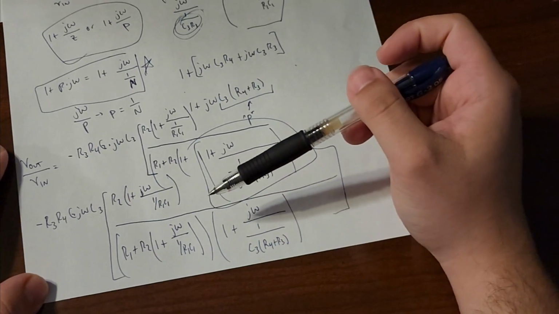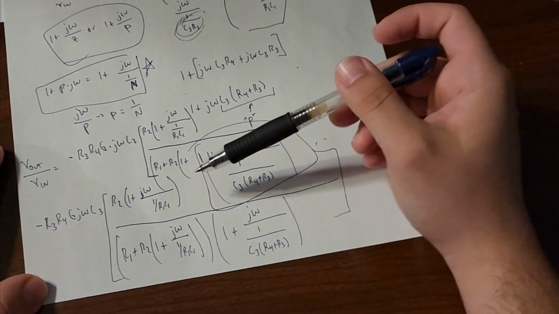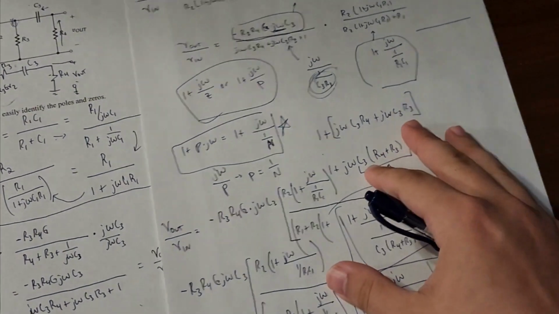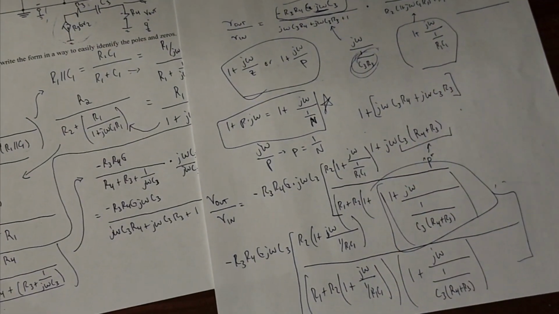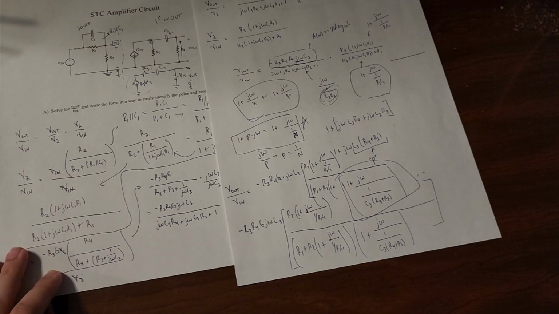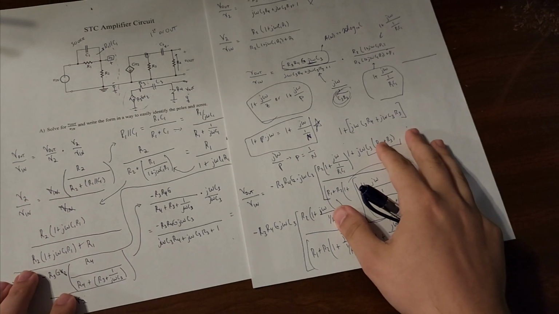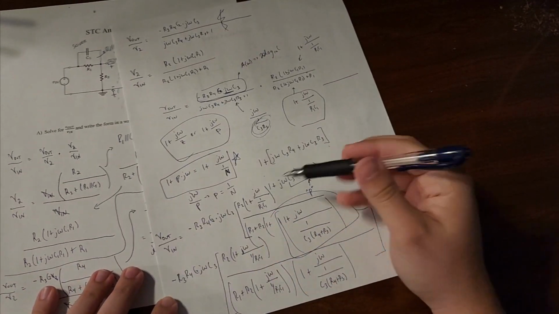And that is our answer, V out over V in. As you can see, there was quite a bit of work done, but nothing that we haven't learned. Of course, this is all just algebraic manipulation.